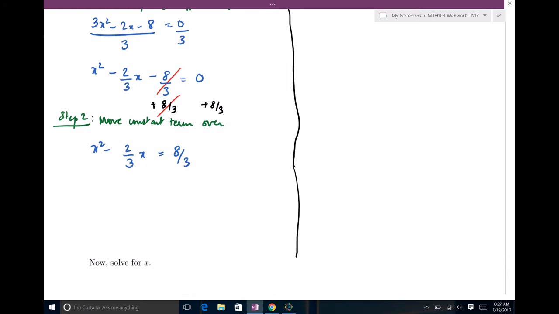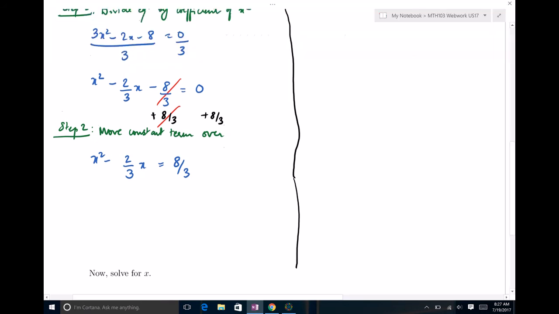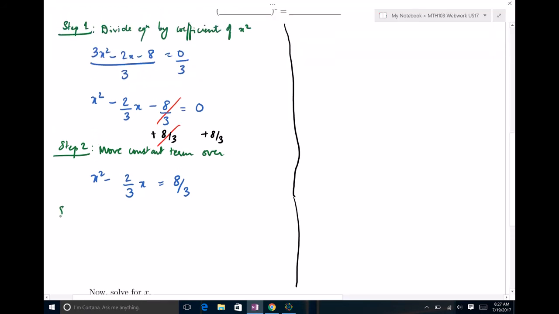Okay, now that step 2 is done, we come to the most important step for completing the square. That is finding a very, very special term. What you're going to do is take the coefficient of x, multiply it by 1/2, and then square it. So we locate the coefficient of x, which in this case is 2 over 3.